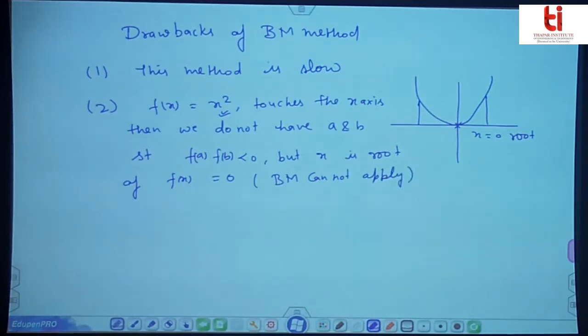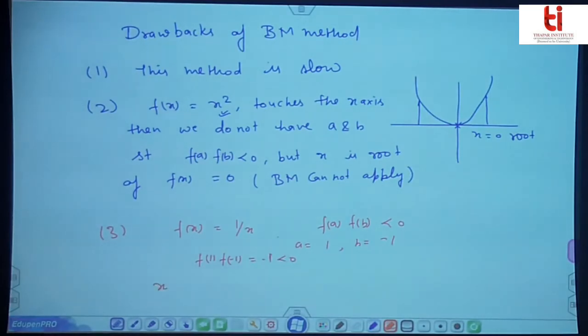Third point, suppose f(x) equal to 1 upon x. In this case, f(a) f(b) is less than 0. Suppose a equal to 1 and b equal to minus 1. So in that case, f(1) f(minus 1) is coming out to be negative, minus 1, less than 0.